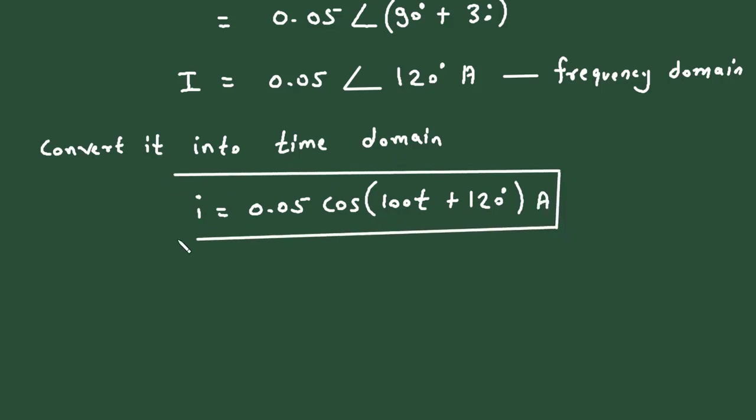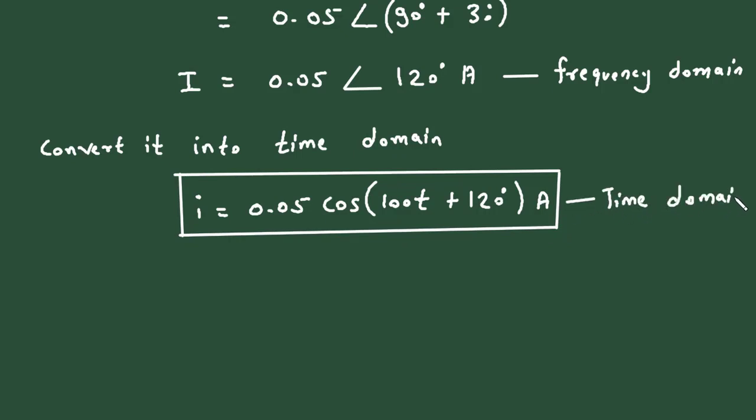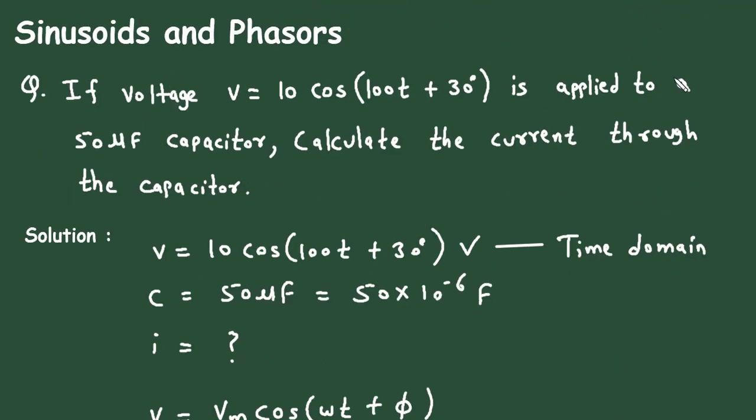Now this answer is in time domain format. So this is how we can find the current through a capacitor.